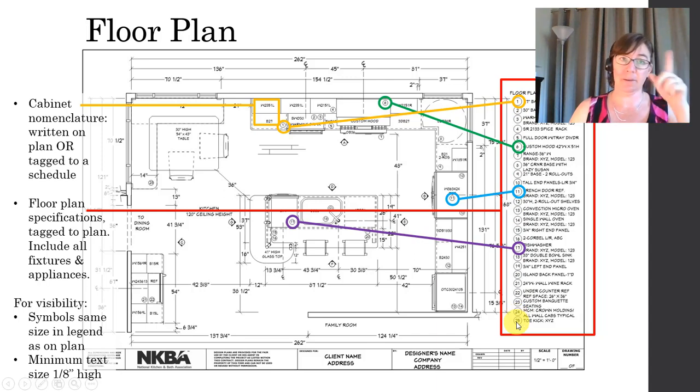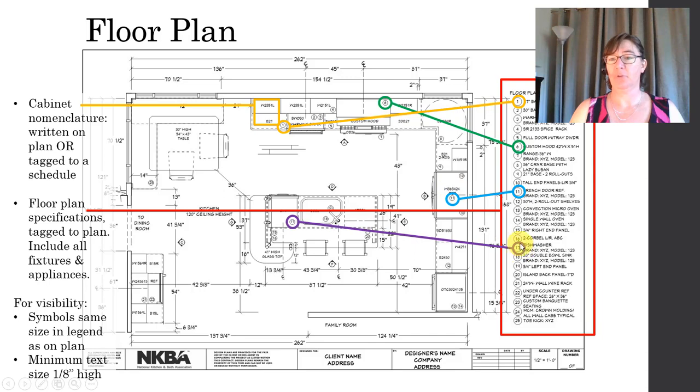They're symbols with a little circle around them, and then whatever description is needed. They are tagged on the plan, as in every single one of these should match with a location on the plan. For example, here's number 6. It says custom hood, and over here is tagged number 6. Here's another example. Number 11, French door refrigerator, is tagged on the plan right here, number 11.